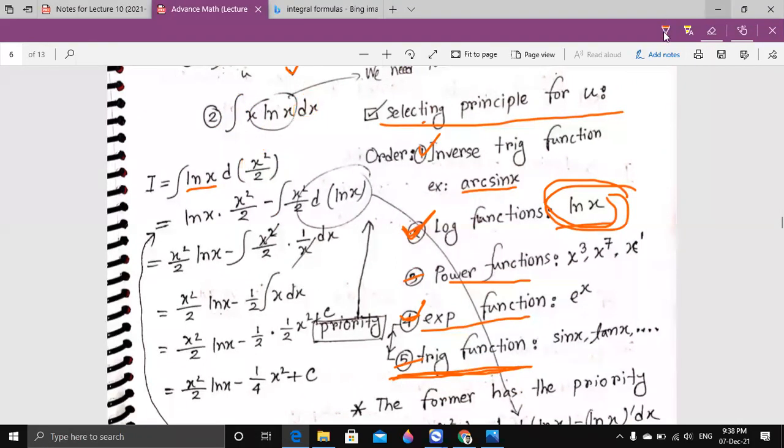This is our integration by parts formula. You see here, this is u, right? Because we already let ln x equal u. So u dv, we can just let all this part be v. So we get integration of u dv.